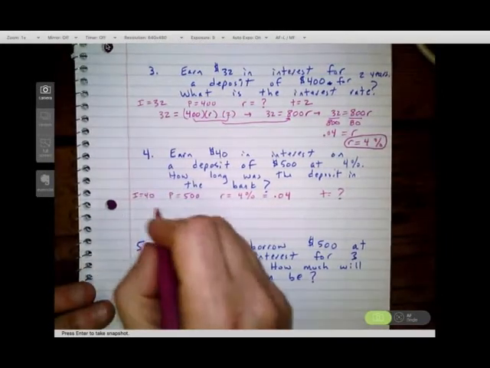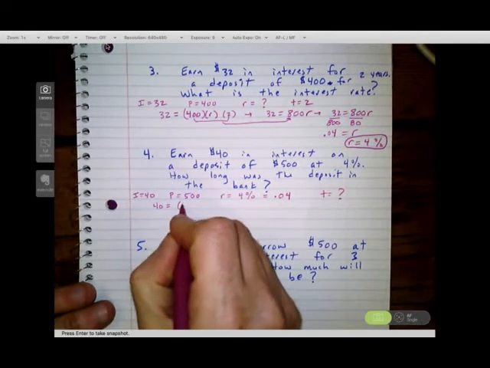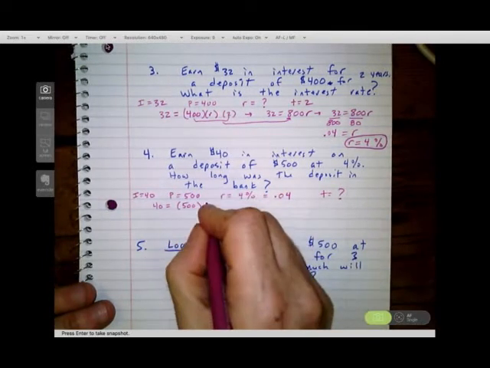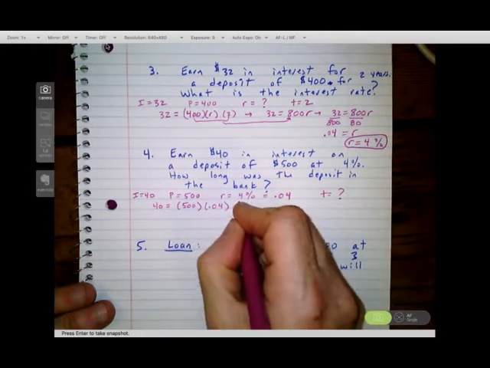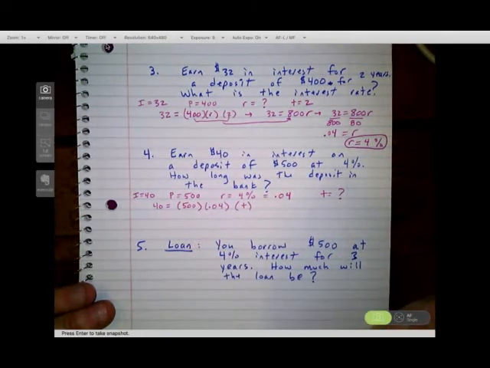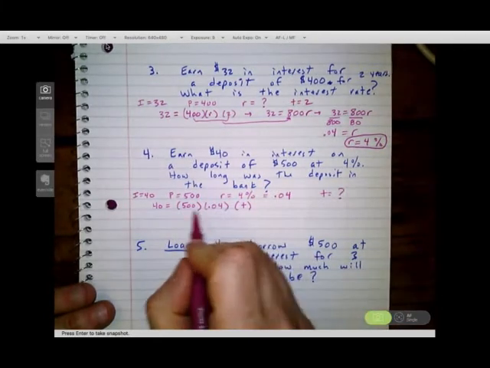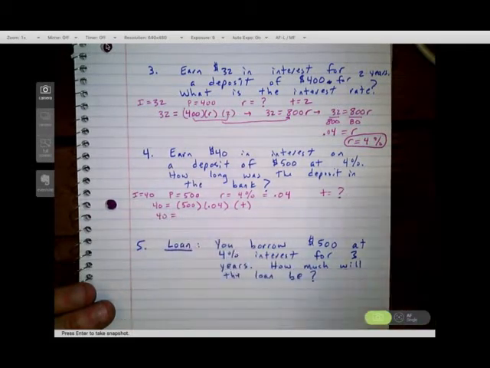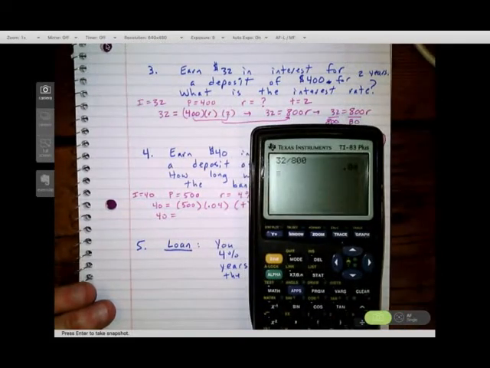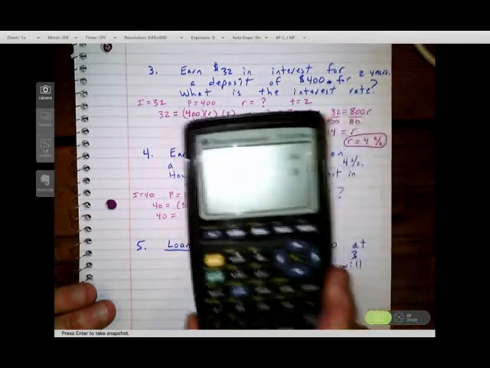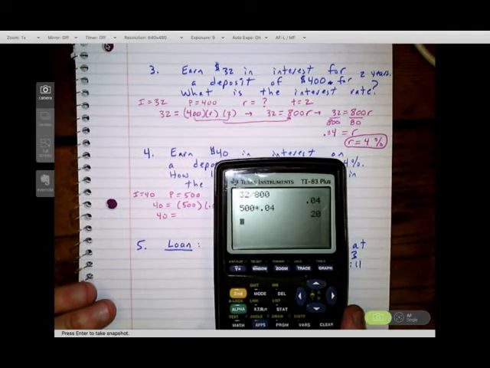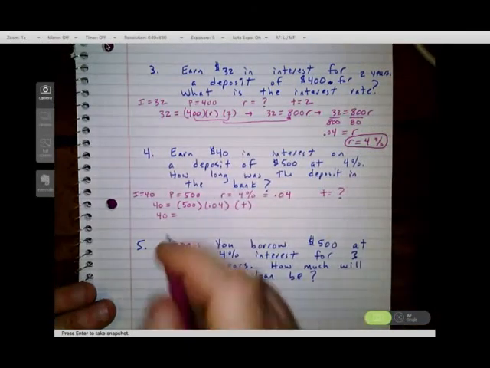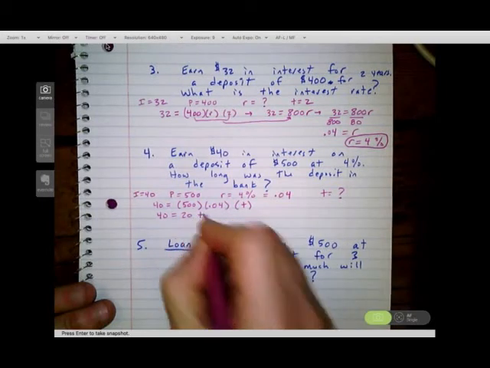Okay, so 40 equals P, 500, times the rate, 0.04, times T. Okay, so these two numbers here, we can multiply together. So 40 equals, so 500 times 0.04 is 20, okay, equals 20t.